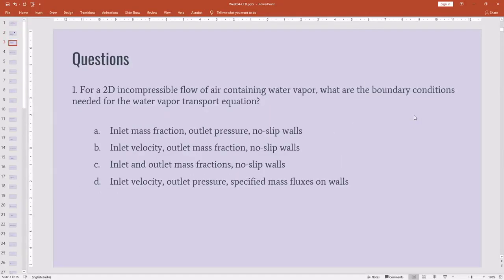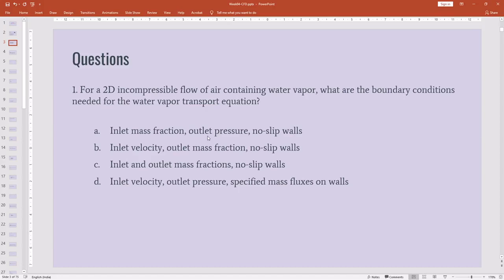Okay, the first question is, for a two-dimensional incompressible flow of air containing water vapor, what are the boundary conditions needed for the water vapor transport equation? So basically the question is about mass transfer, or species transfer. What are the best suitable boundary conditions for the water vapor transport equation?